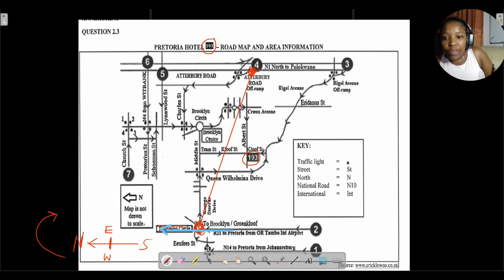Remember, my north is facing in that way. So if that's my north, that's my east, that's my south, that's my west. Do you see that this red line is in between south and east? So the general direction from Fountain Circle to Atterbury Road off-ramp is southeast.